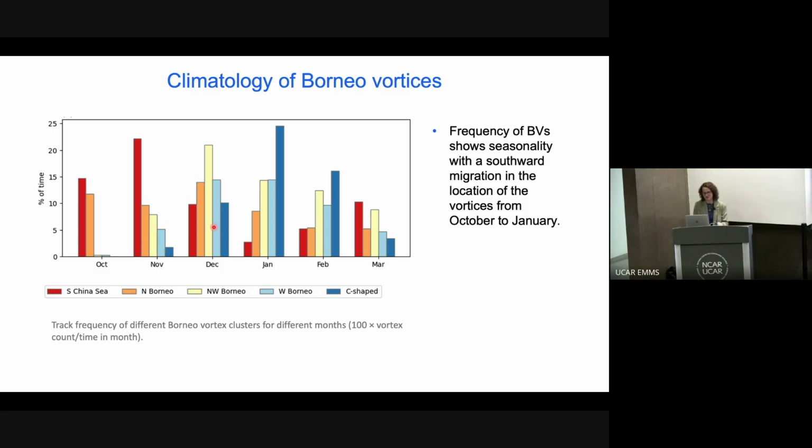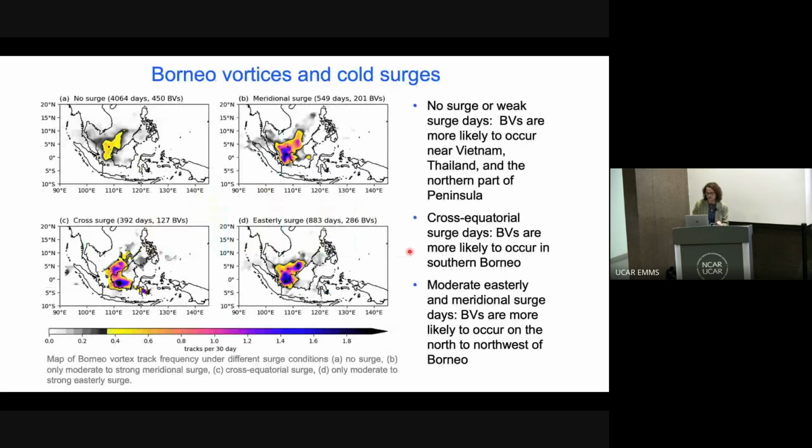And later on in the season, the C-shaped Borneo vortices are increasing, peaking in January, and then decreasing. So it's a clear seasonality, and you can see that as we go through the season, they are moving further south.